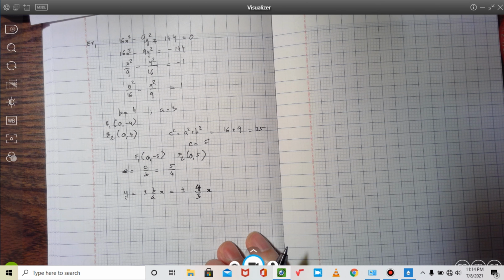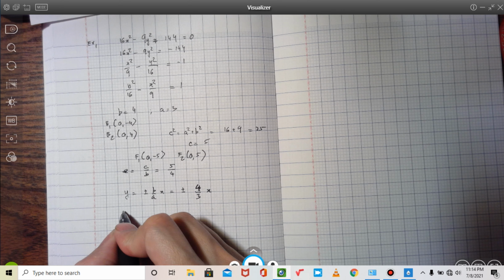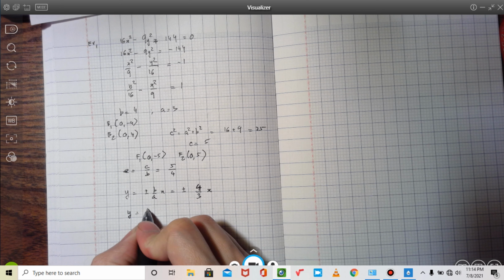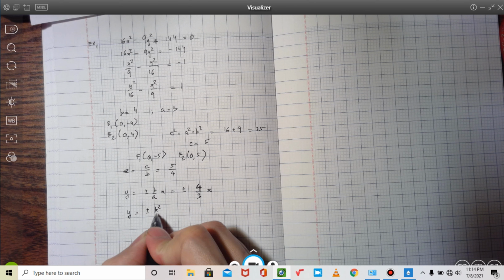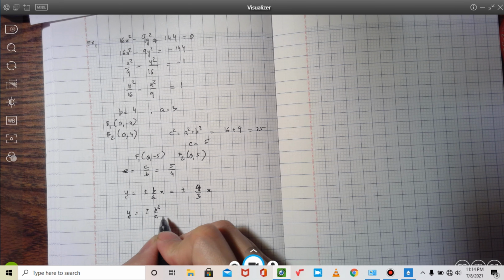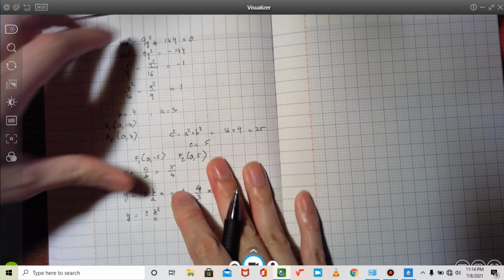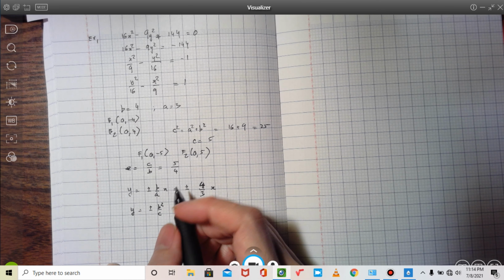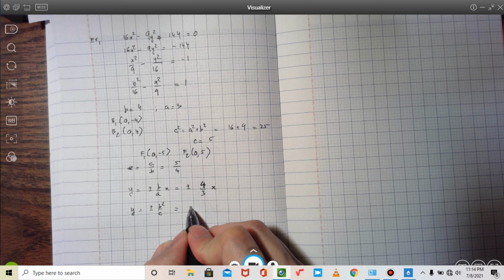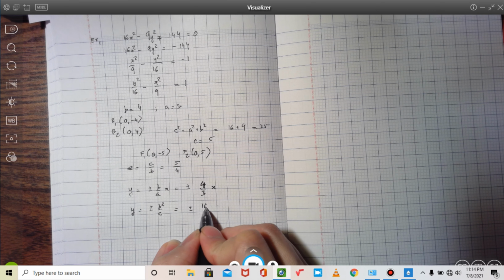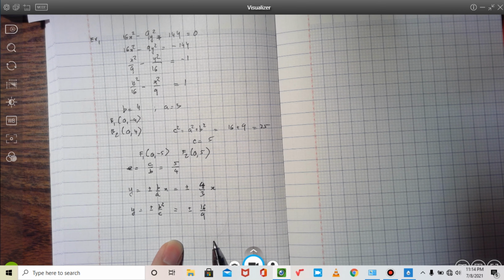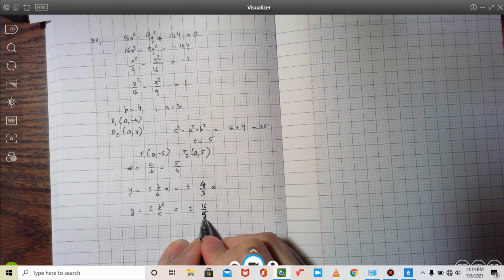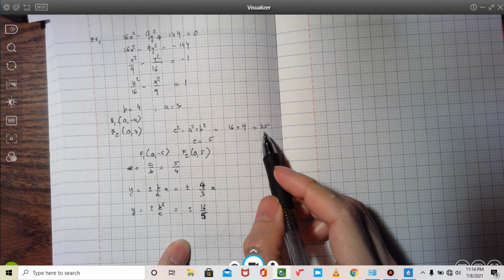And the directrix equation will be y equals plus or minus b squared over c. I remember it should be, yep. So it should give you plus or minus 16 over 5. I'm sorry, c is 5. Okay, here you go.